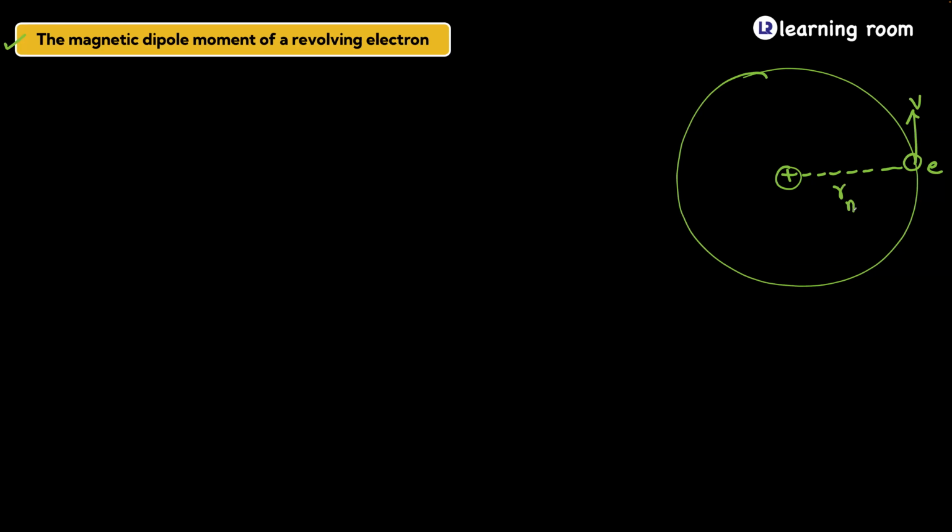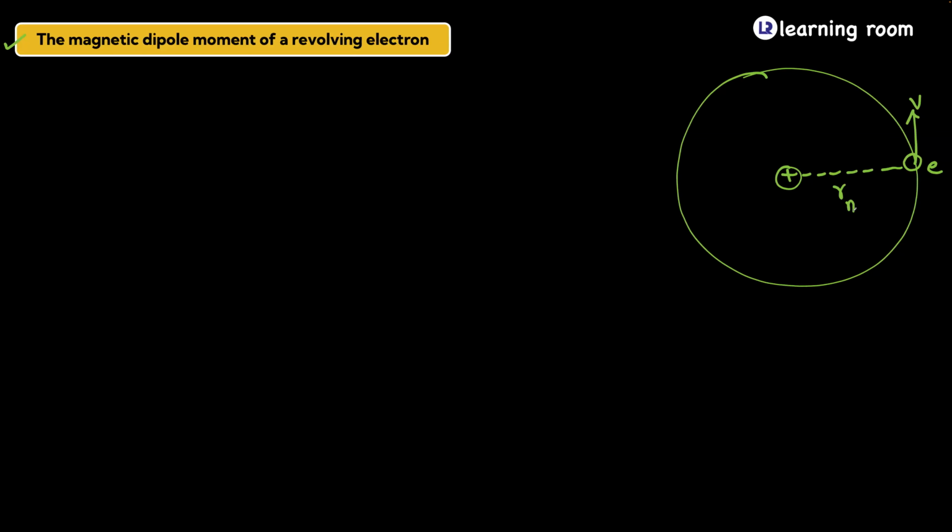If this electron completes one revolution, I'm sticking to the same basic again. When I take this material, inside this material, what do I have? I have atoms, and I have taken one such atom and am trying to understand how this electron is behaving, or how much magnetism this electron is able to generate when it is revolving in a particular orbit.